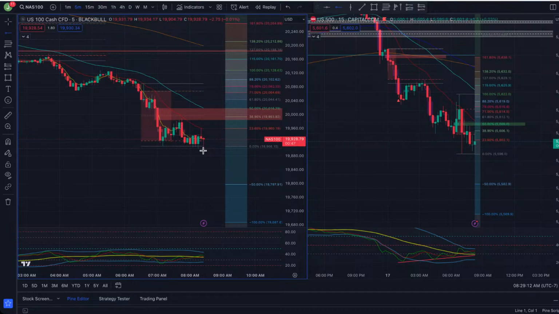What they're doing is engineering new liquidity here. We're not going to fall for it, obviously. This is a trap. That's why it's important to wait for confirmation and then a bigger move than this. They're trying to create buy and sell orders.